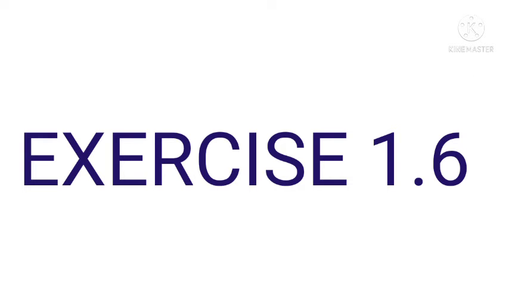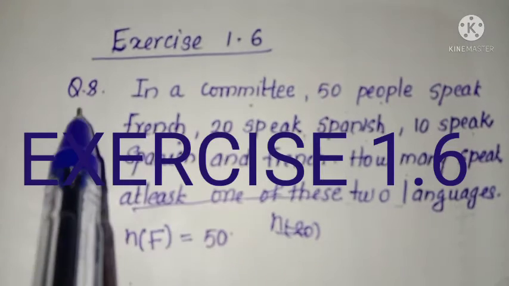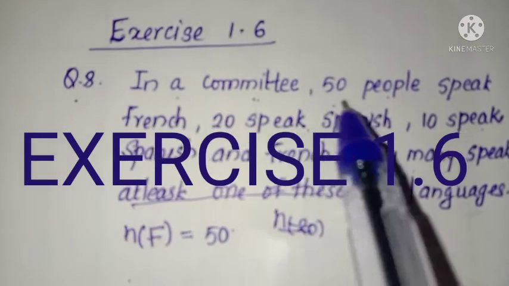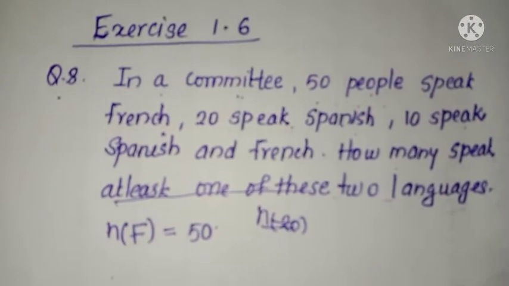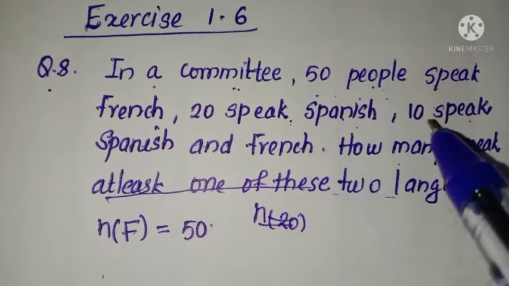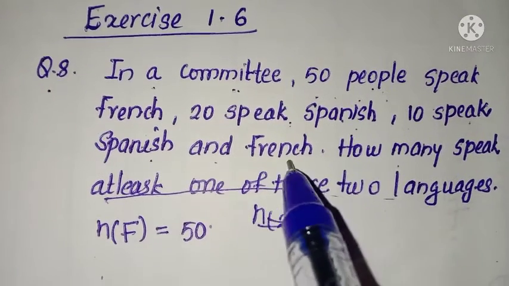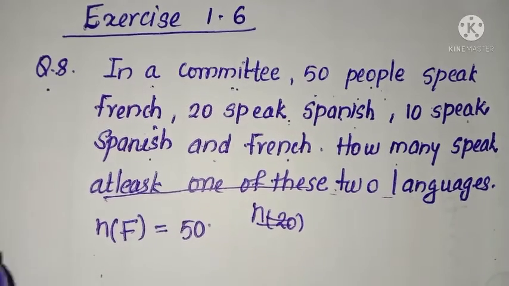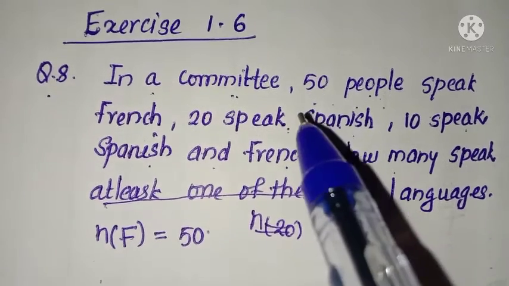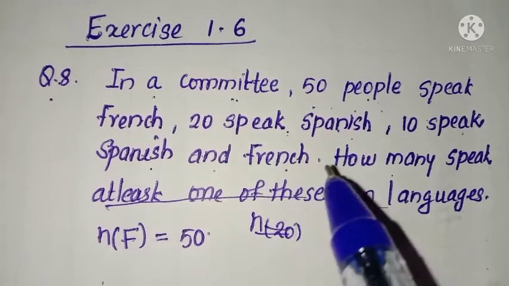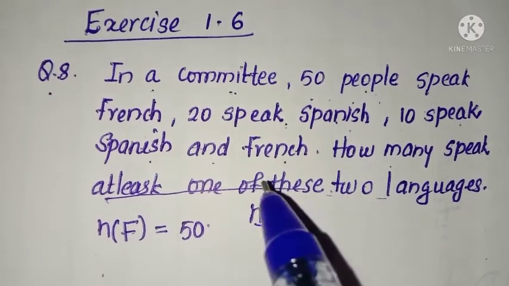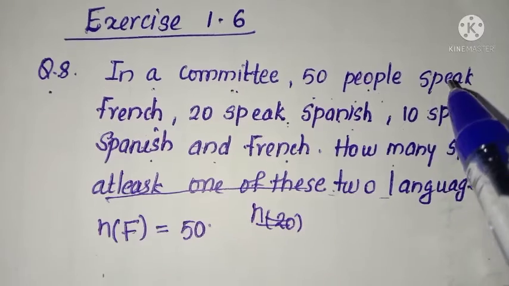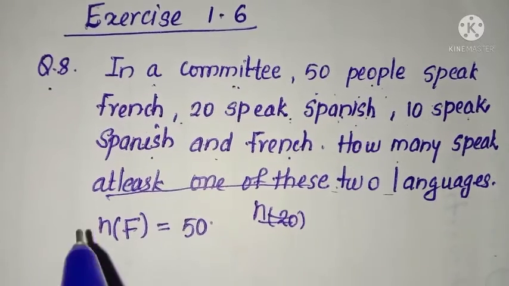Let's see exercise 1.6, question number 8. In a committee, 50 people speak French, 20 speak Spanish, and 10 speak Spanish and French. How many speak at least one of these two languages? First we have to write the sets.